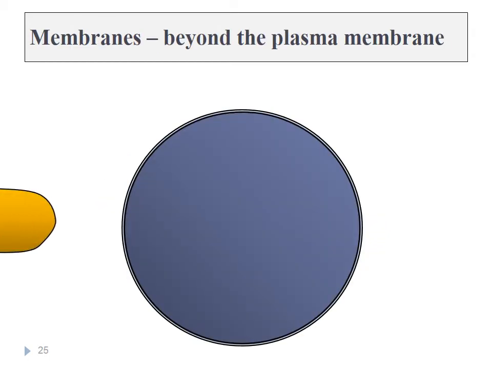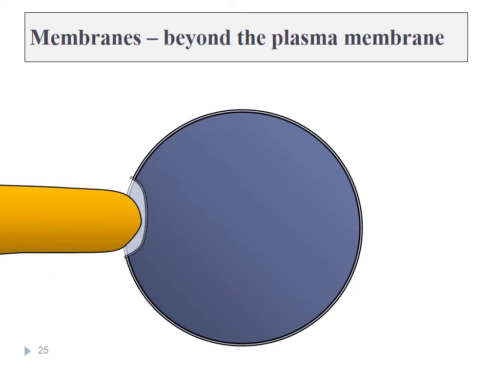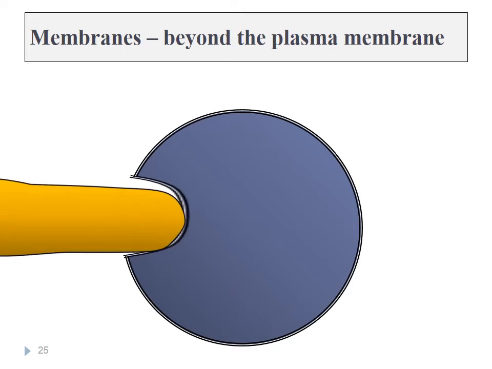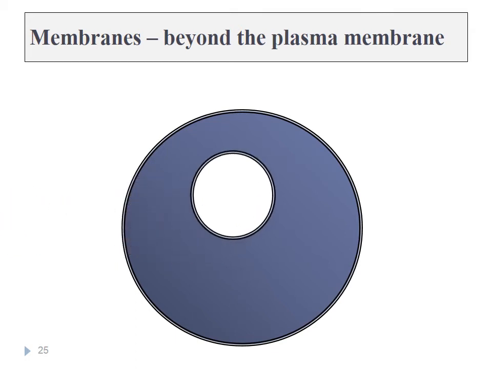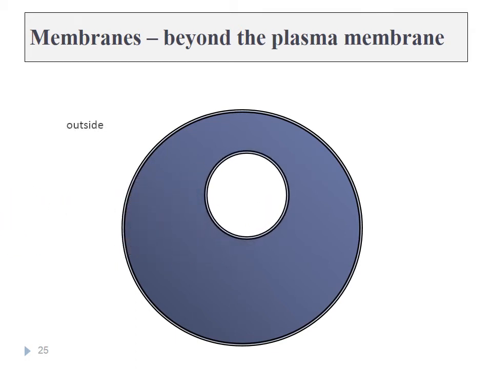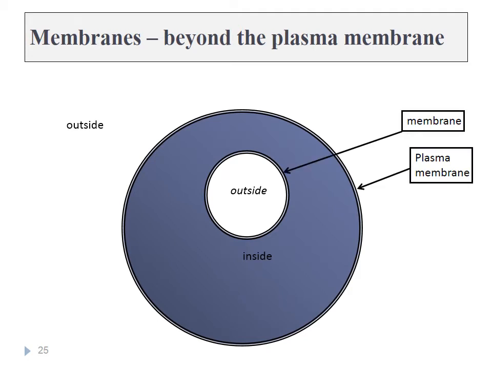Similarly, if we were to push on the plasma membrane and force it to invaginate inwards until it pinched off to form a vesicle, the lumen of that vesicle is the equivalent of the outside of the cell. The plasma membrane is the phospholipid bilayer surrounding the cell. The membrane surrounding the vesicle is the equivalent.